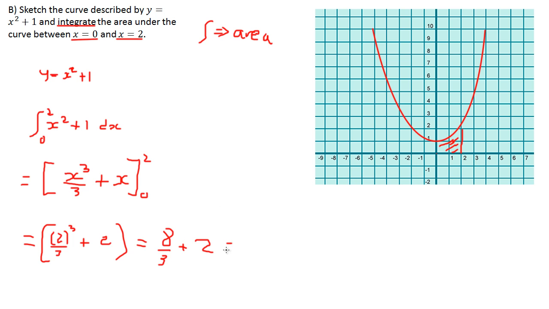So make the denominator the same. To do this, we do 8 over 3 plus 2 times 3, 6 over 3. And this will give us a value of 14 over 3. And that is the area underneath the curve from 0 to 2.